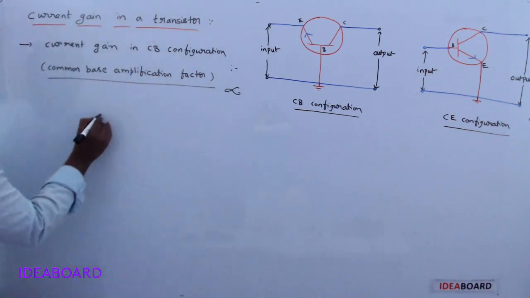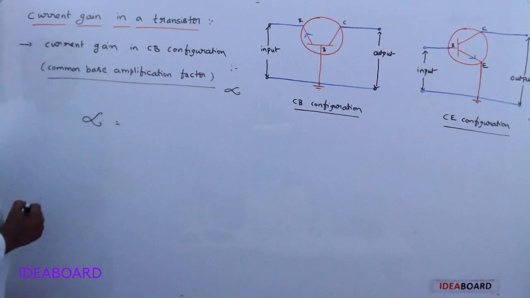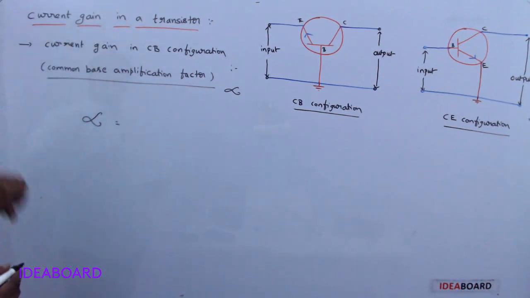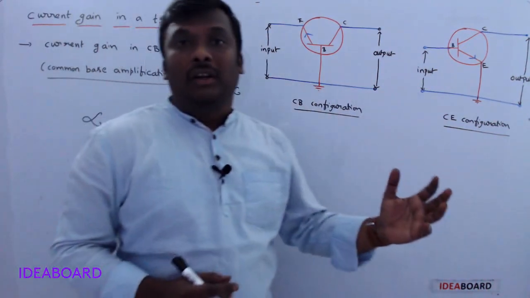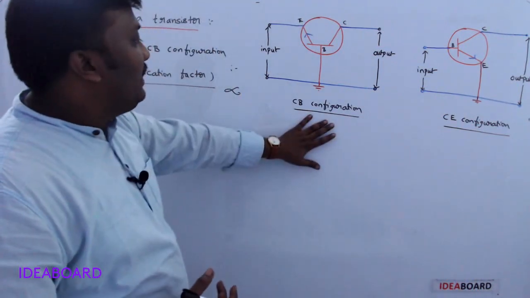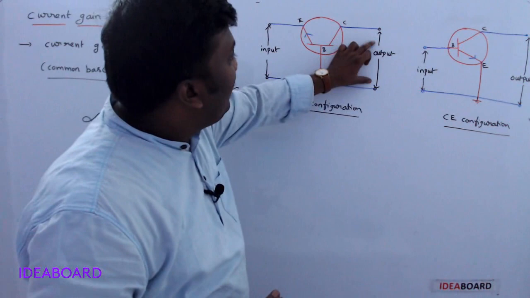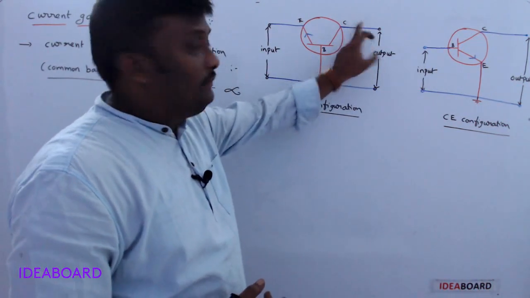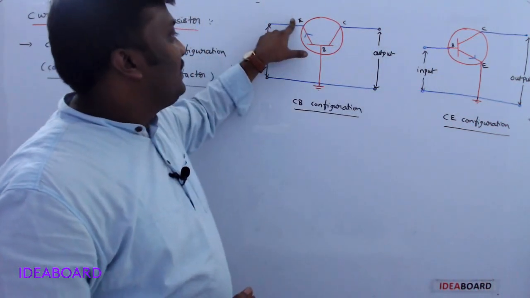So alpha is defined as, we said, gain means output current to the input current ratio. See here, common base configuration, output is taken across the collector, input is taken across the emitter.